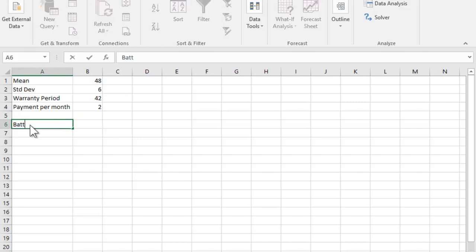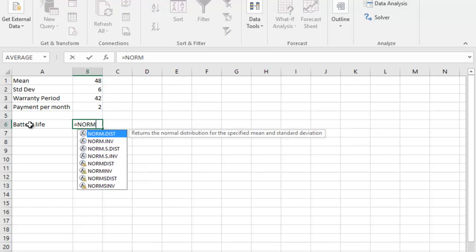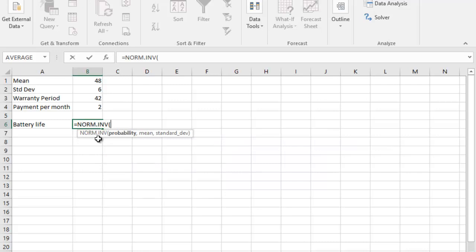Now let's generate a simulated battery life. That was said to follow a normal distribution, so I'll use a NORM.INV function, give it a random variable, and tell it that the mean that I want is click here, and the standard deviation that I want is click here.